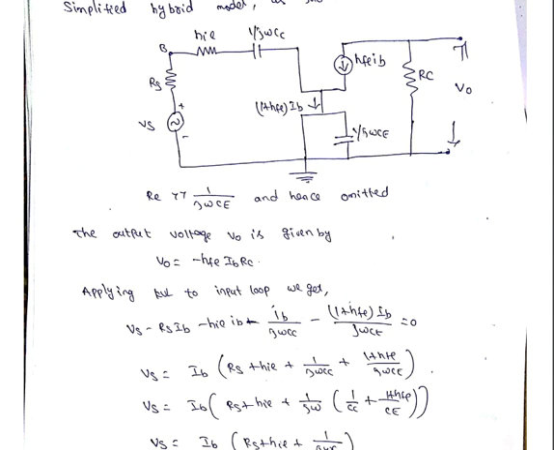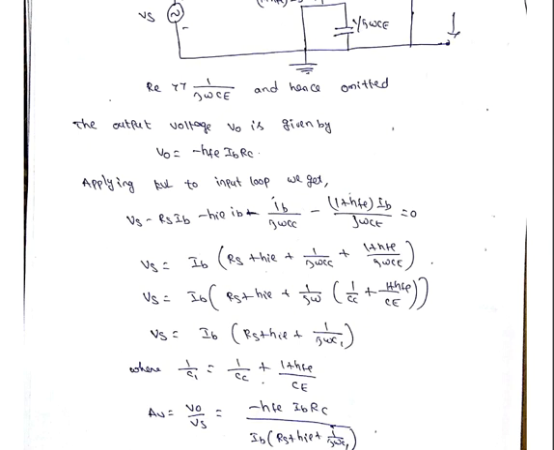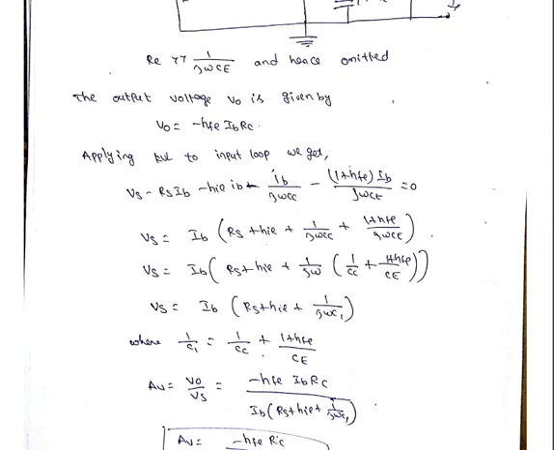So after simplifying, VS is equal to IB times (RS plus HIE plus 1 by J omega C1).